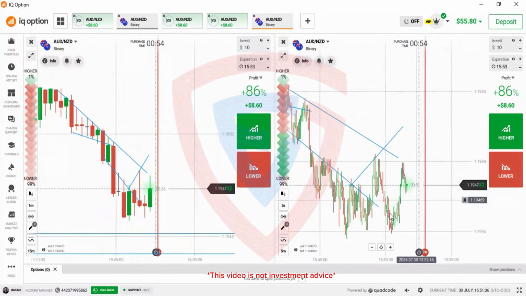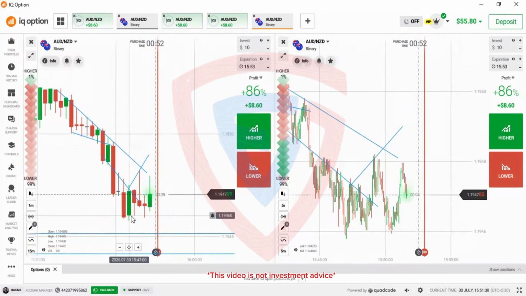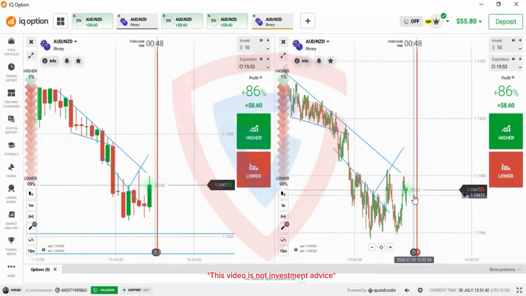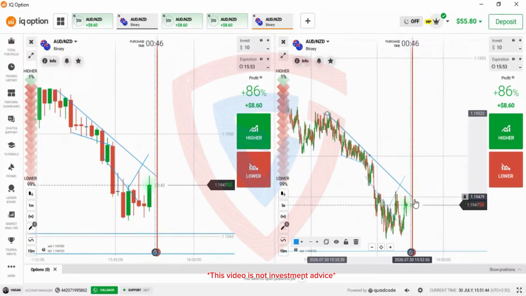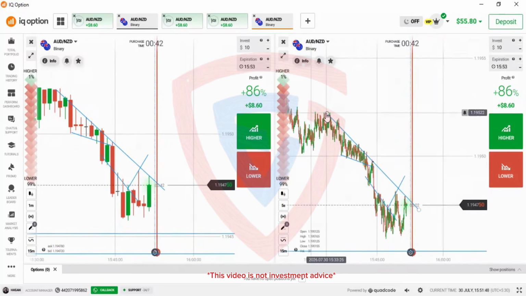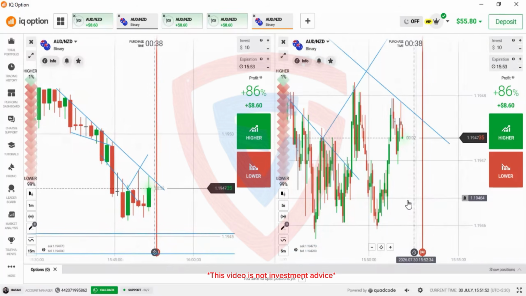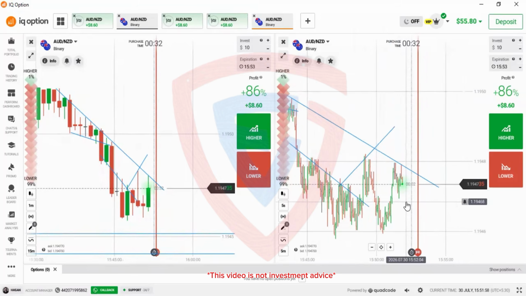So the market wants to reverse from this point directly. I don't know. This might be a temporary reversal only. Okay.